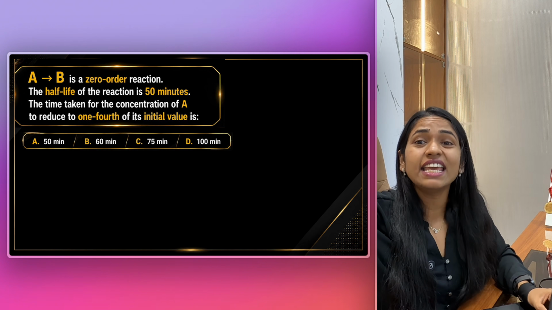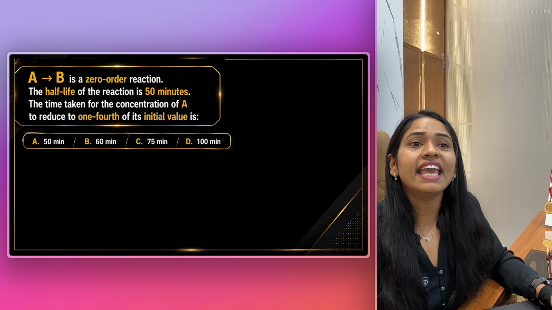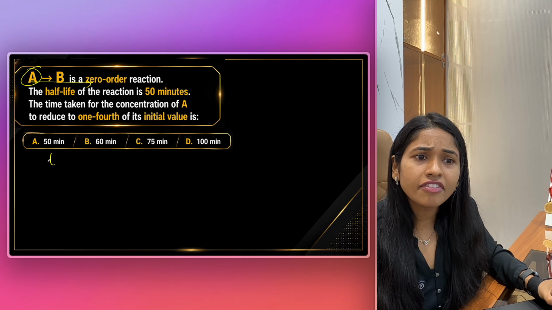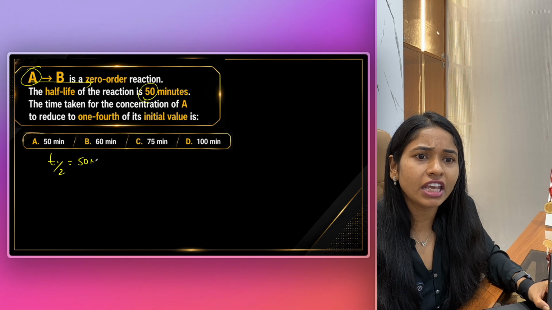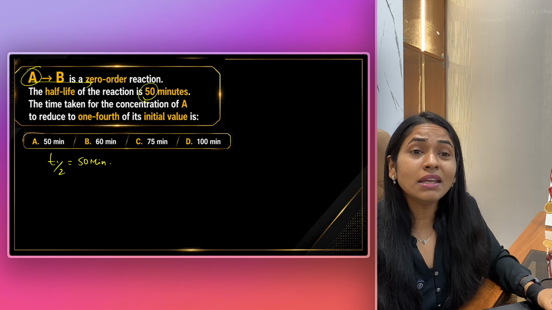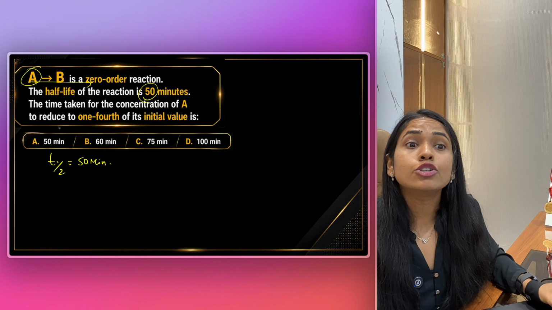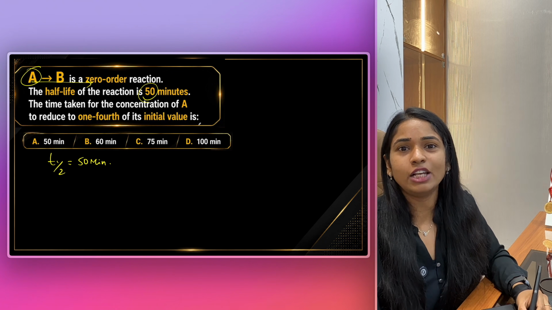Coming to the JEE 2023 shift 2 question that came: A gives rise to B. T half is given as 50 minutes. Find the time taken for the concentration of A to reduce to 1/4 of its initial value.